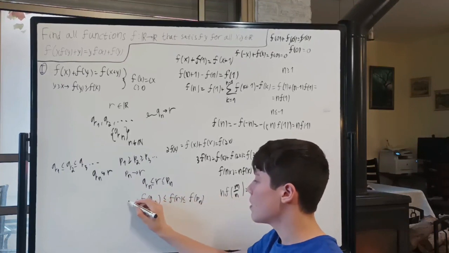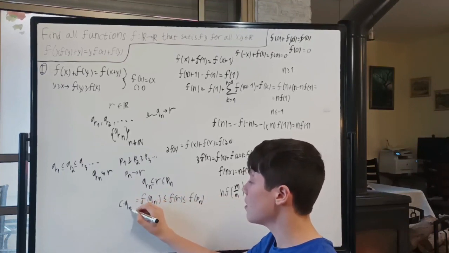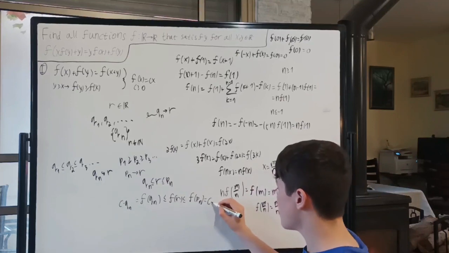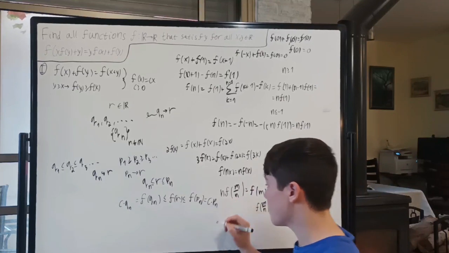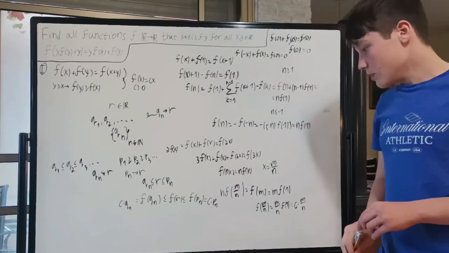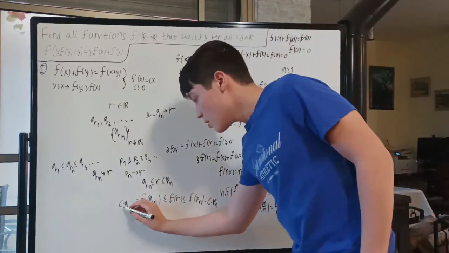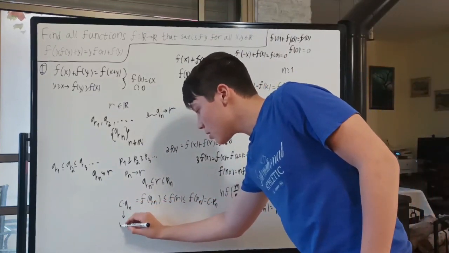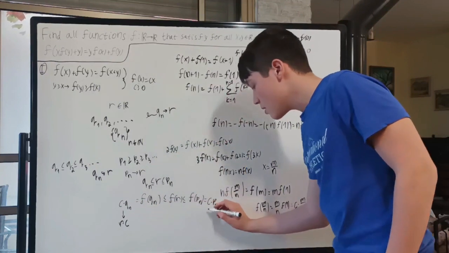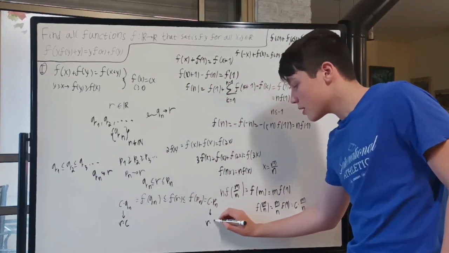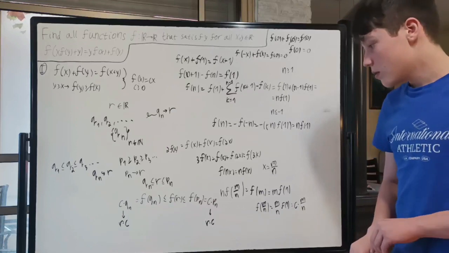But we know this is C times Qn, and this is C times Pn, right? So this series approaches R times C, and this series also approaches R times C.